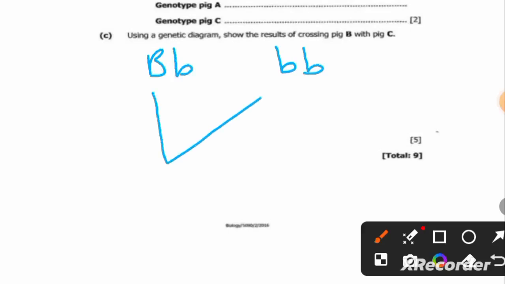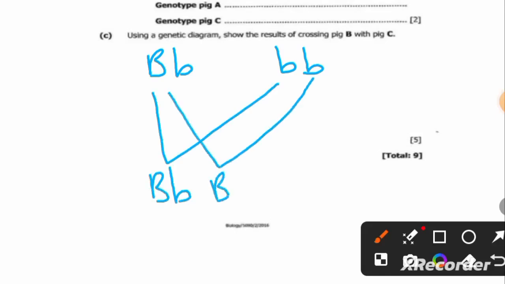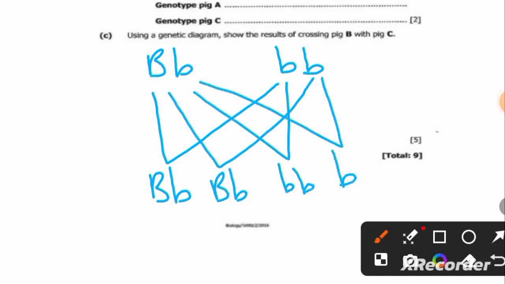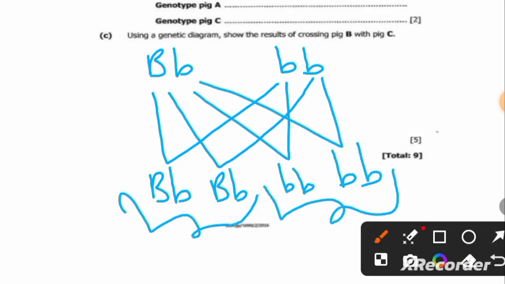If we cross this one and this one, we are going to produce a brown heterozygous offspring. We cross this one and this one, again a brown heterozygous offspring. The other two crosses give small b, small b. So we have seen that we have an equal number of brown and white.